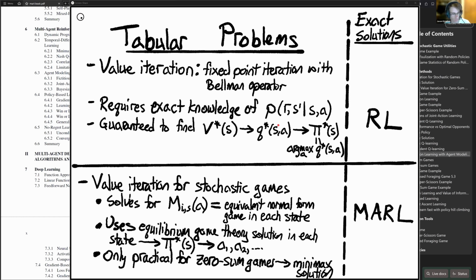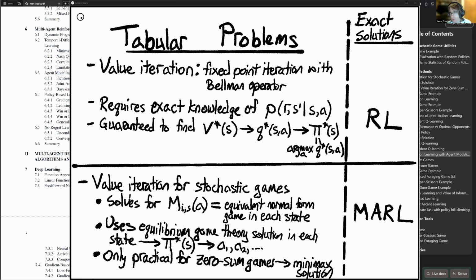This requires knowledge of this, but we already have knowledge of this. And then the way you get the optimal policy is you just take the argmax of the action value function. So we just always select the action that produces the highest value according to the value function. So it's a pretty straightforward process.